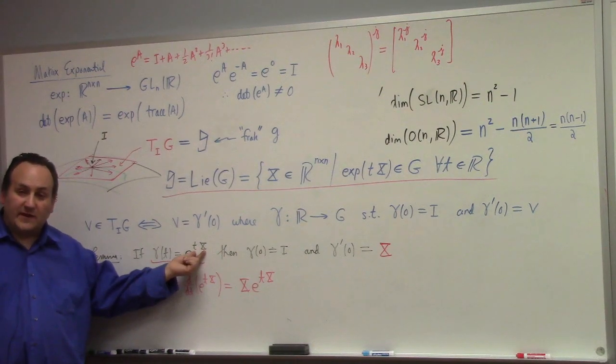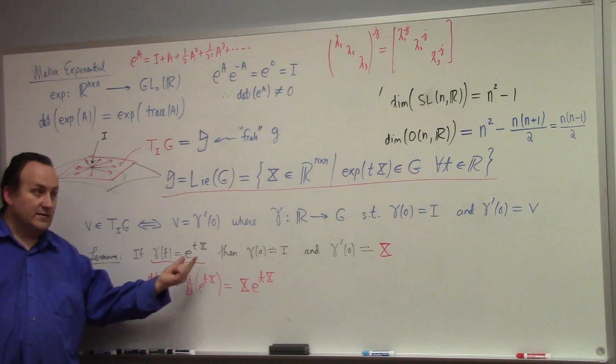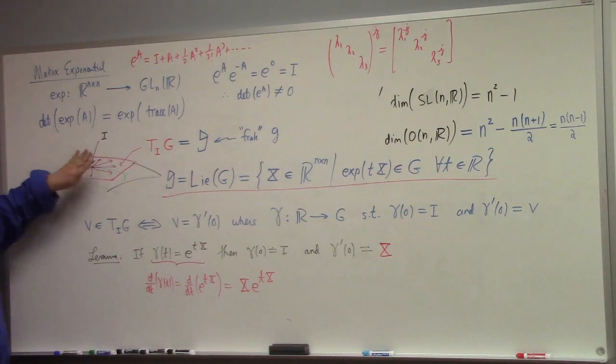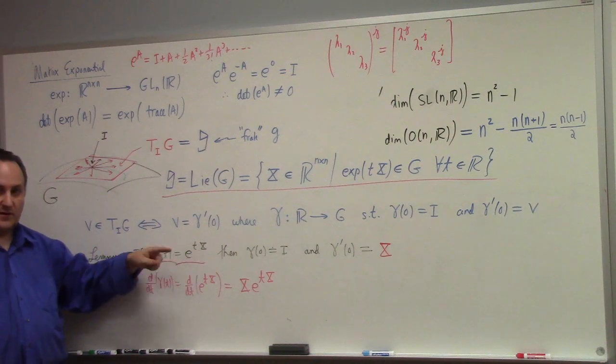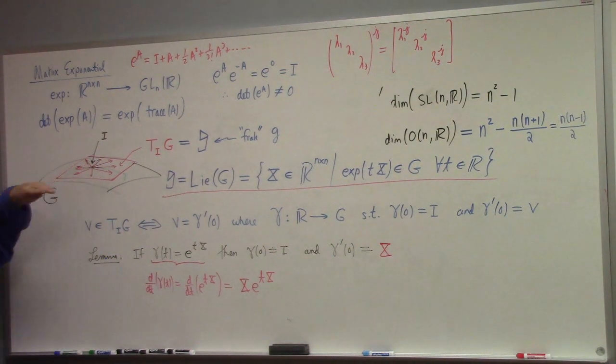Now you can't just put anything here, mind you, because whatever you put here has to exponentiate to be in the group. So not just any matrix can go here, only one whose exponential is in the Lie group. And those are the paths.